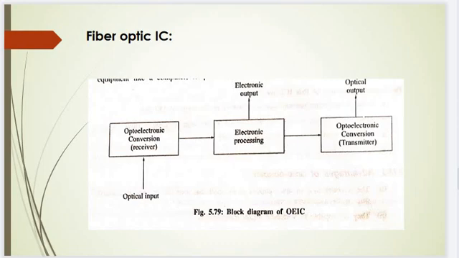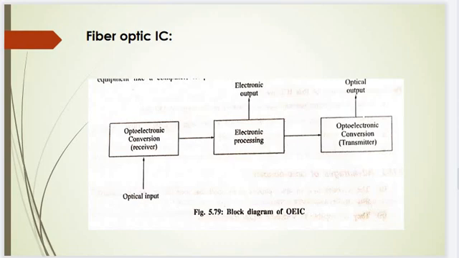This converted signal is applied to the processing circuit. The processing circuit provides the electronic output, and this is again passed through optoelectronic conversion for the transmitter. The transmitter also provides the output in terms of light waves. So this combines the functions of optical detection, electronic function, switching and amplification, and light transmission.